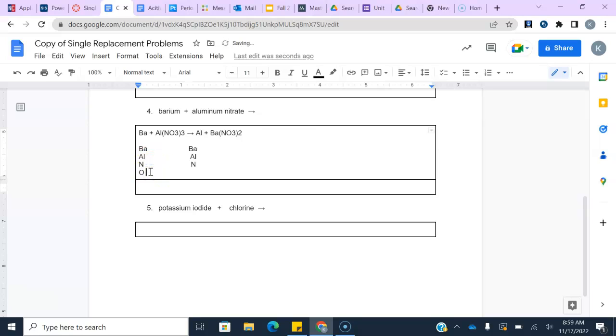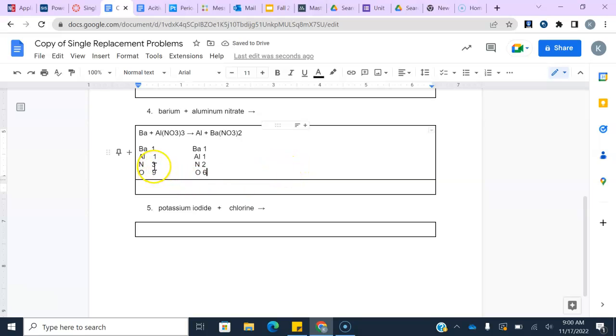We've got 1 barium, 1 aluminum, 3 nitrogen, and 3 times 3 is 9 oxygen. Okay, so 1, 1, 3, and 9. Here we have 1 barium, 1 aluminum, 2 nitrogen, and 6 oxygen. So right off the bat, I can tell this is not balanced.